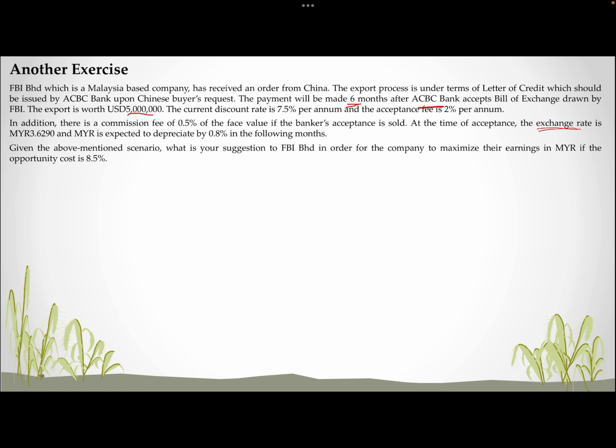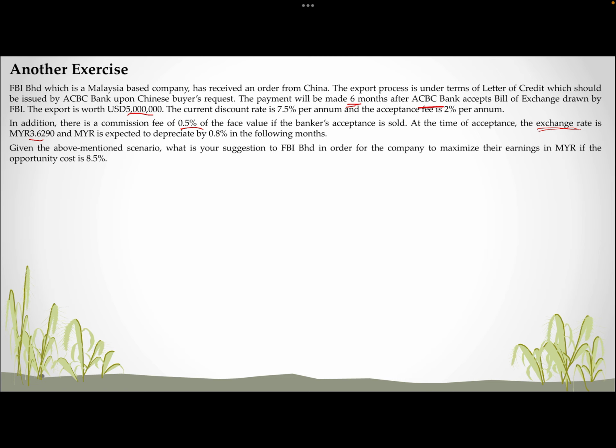Okay, there is a commission fee 0.5 of the face value if the banker's acceptance is sold. At the time of acceptance, the exchange rate is 3.6290 and the Malaysian ringgit is expected to depreciate by 0.8 in the following months.